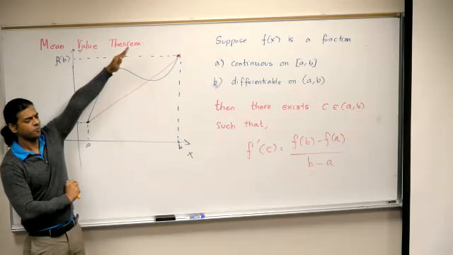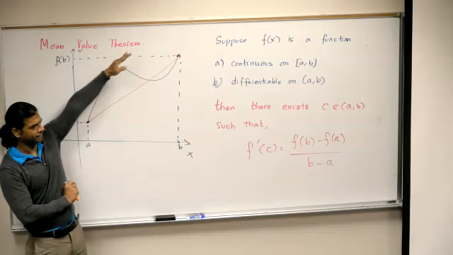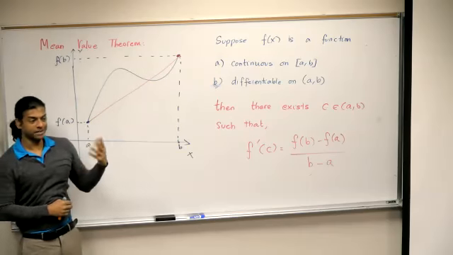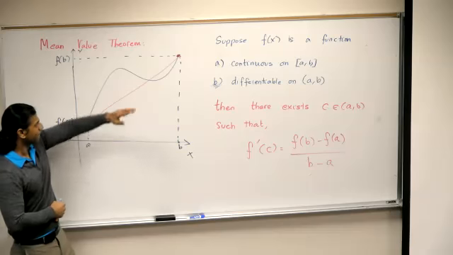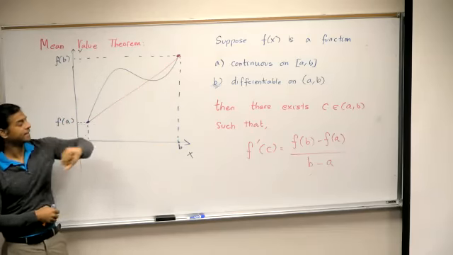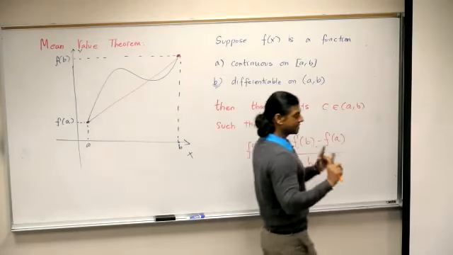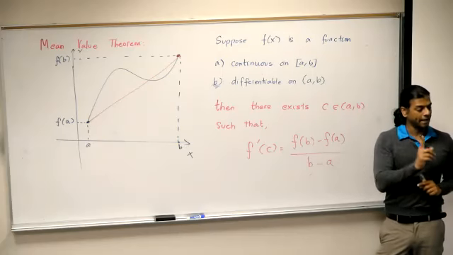Now, what is another word that we use for average in statistics? Mean. Now, do you see why we call it the mean value theorem? Because all we are saying is this average rate of change is going to match the derivative, the instantaneous rate of change, at some point c between a and b.